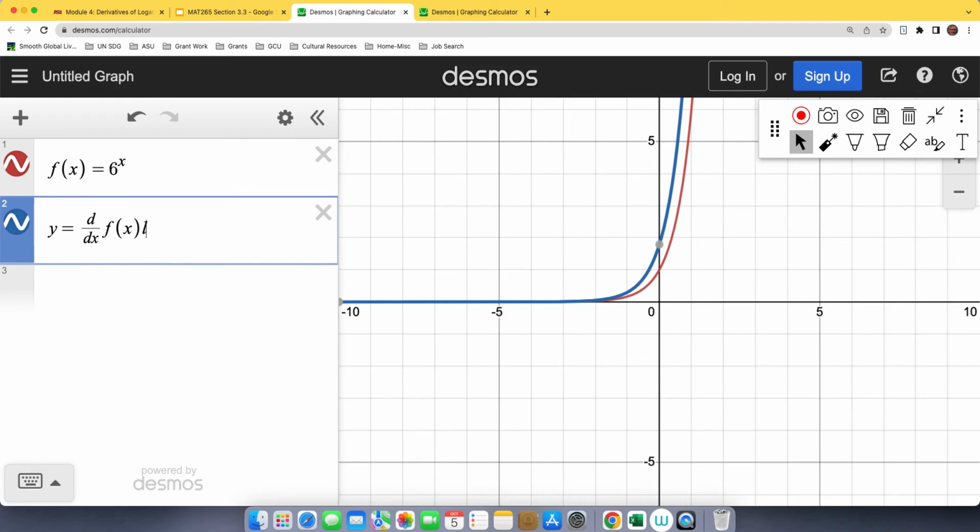Natural log of 6. Could it be that simple? It was supposed to be that simple. Why didn't that work? Let's see. 6 to the x. So maybe is it divided by?